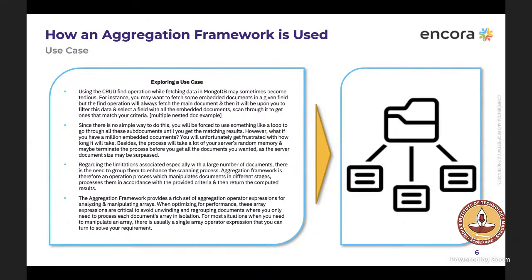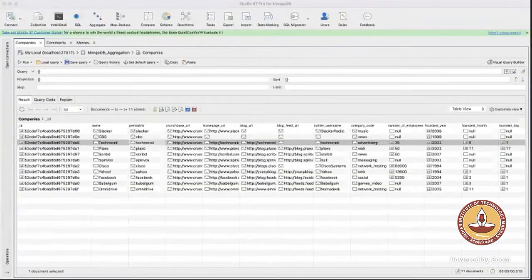For instance, you may want to fetch some embedded documents in a given field, but the find operation will fetch the main document, and then it will be up to you to filter this data and select a field with all embedded documents, and scan through it to get the ones that match your criteria. So what I mean by an embedded document is the same as a nested document. I can also show you an example of a nested document.